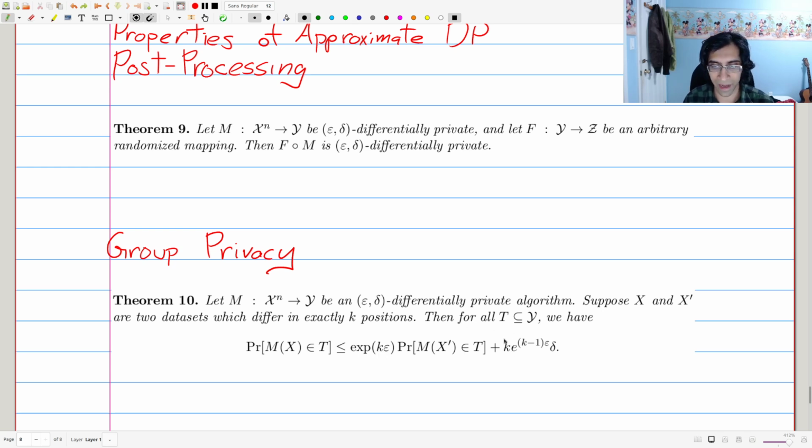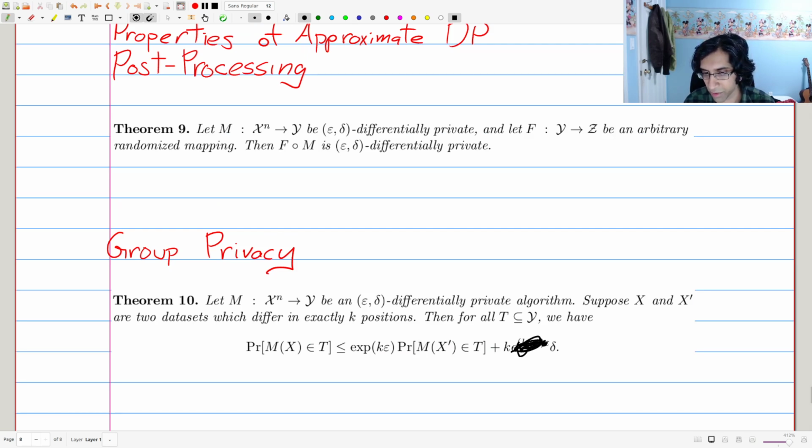On the other hand, the delta does not behave any nicer, or it behaves quite a bit worse, in fact. In particular, this is the type of delta that you get in the end, in terms of the additive probability difference, where it's not just multiplied. The nice thing we would like is something like k times delta.